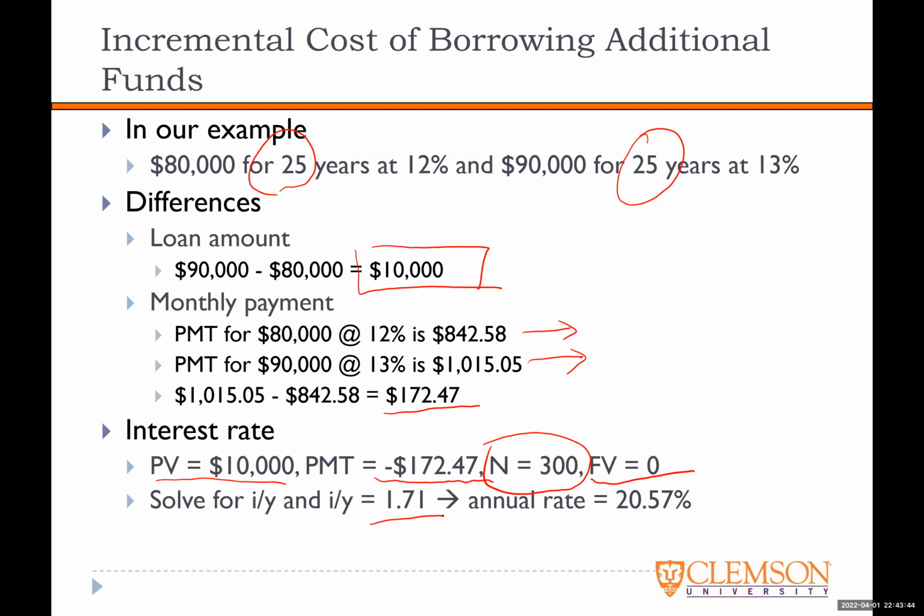It's 1.71%, and you multiply it by 12, you get 20.57%. So we see that although on paper the interest rate only increased by 1%, the effective cost, or the incremental cost of borrowing the additional fund, is 20.57%.